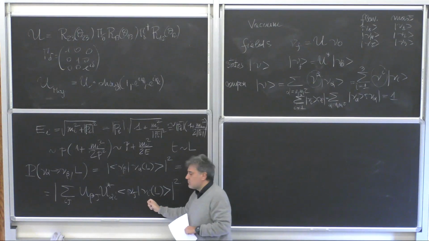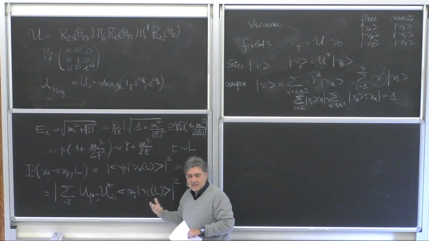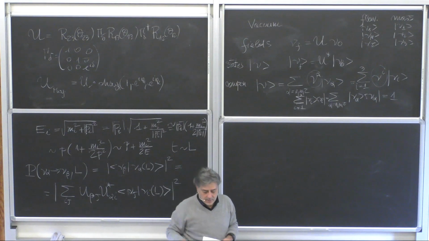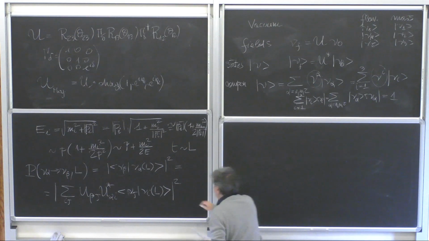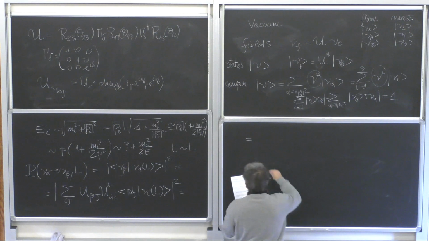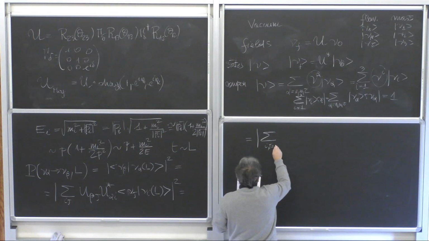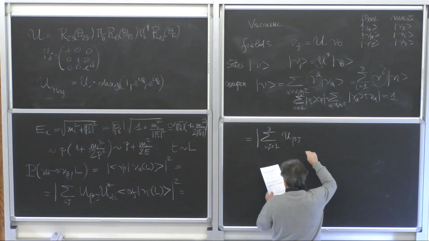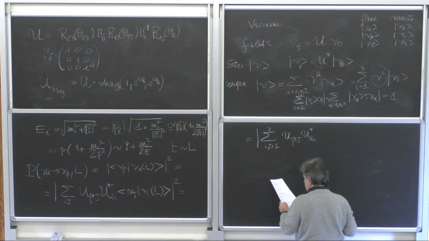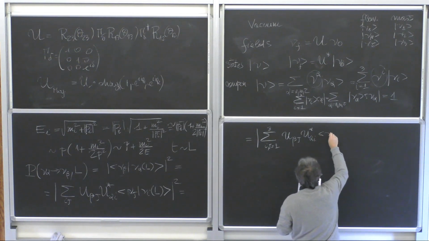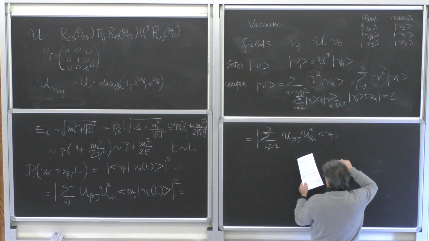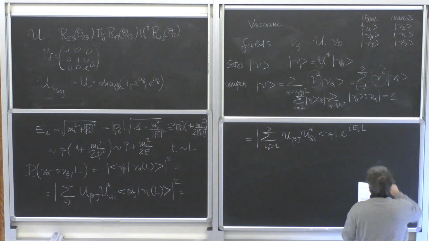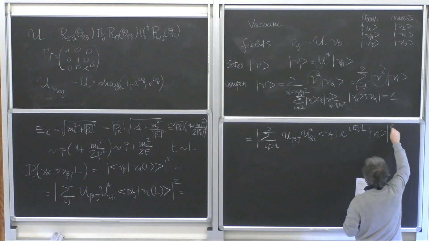Now we can write what these states are, because a mass eigenstate during propagation simply gets the phase e to the minus i E t, or L. So this is equal to the modulus of the sum over i and j from 1 to 3 of U beta j U star alpha i, nu j, e to the minus i Ei times L, nu i, squared.